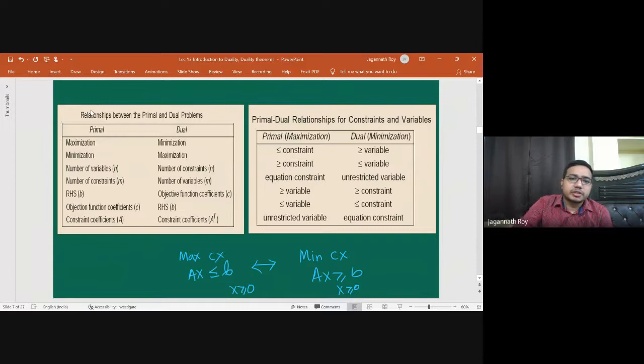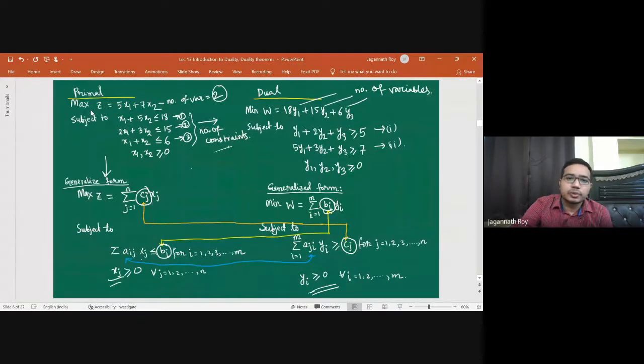Now, if you look back, here we had all the constraints as less than type, and this was a maximization problem, so the objective was maximization. The objective here will be minimization, and the constraints here are greater than type.